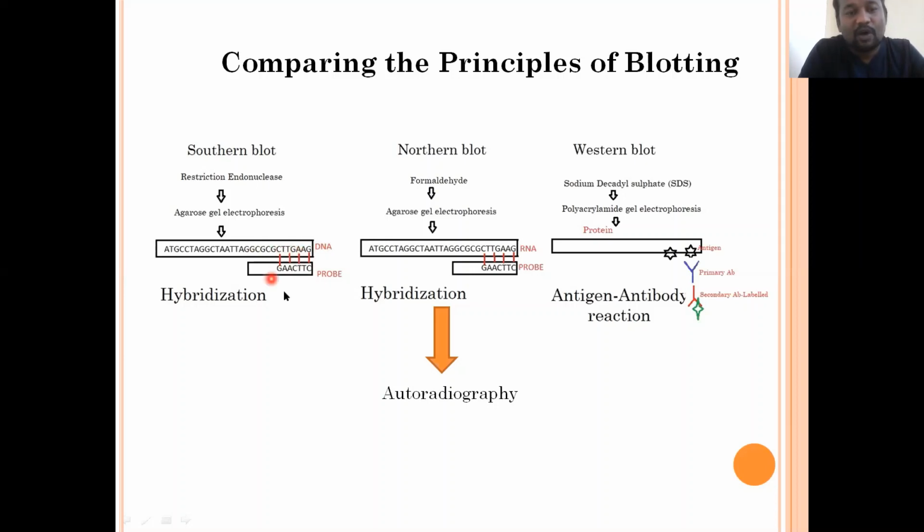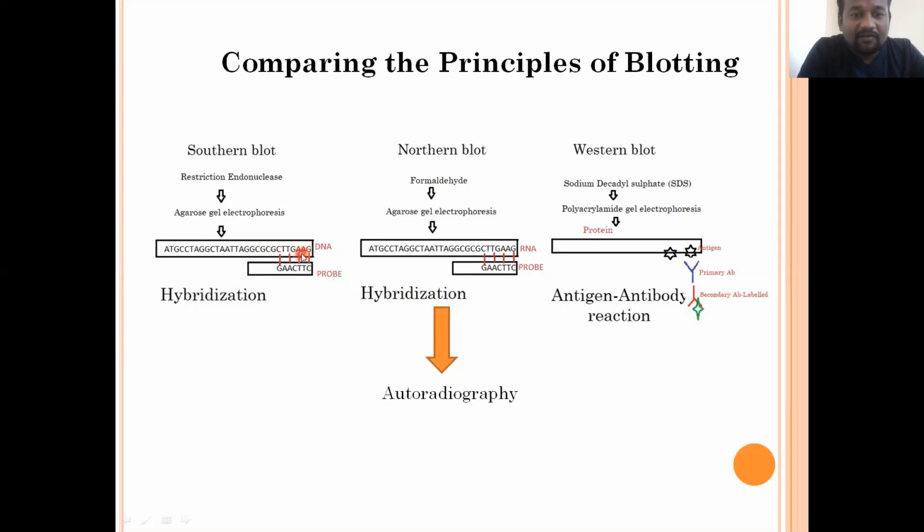When you add the DNA probe labeled with radioisotopes or some fluorescent material, it will go and pair with the sequence. For example, the probe containing cytosine will base pair with a guanine. The thymine containing probe will base pair with the adenine.